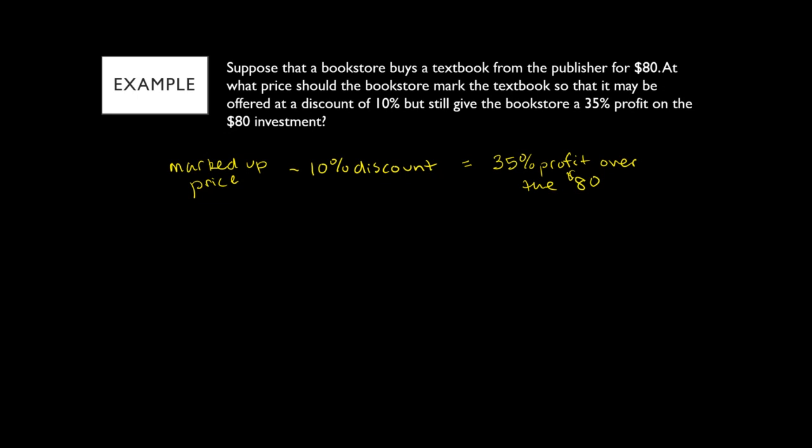So I'm going to start by doing this piece. We're going to do this in little pieces, section by section. We want to be able to do a 35% profit over the $80. And so this is very similar to the markup type of problem that we had. So we want to know whatever our new price is.